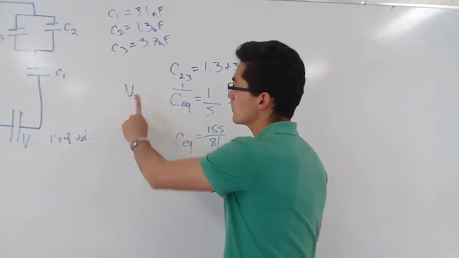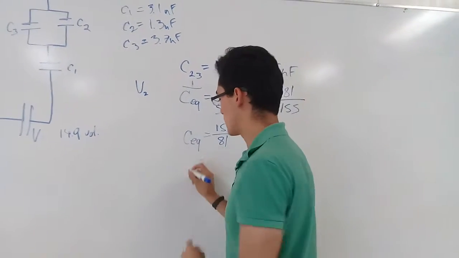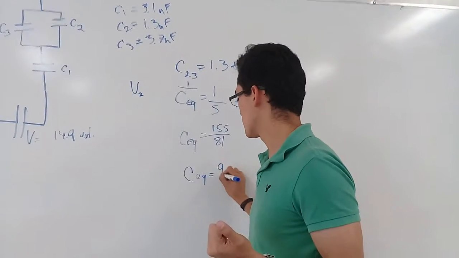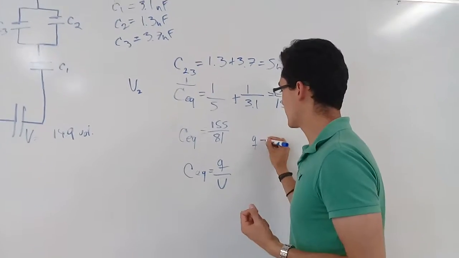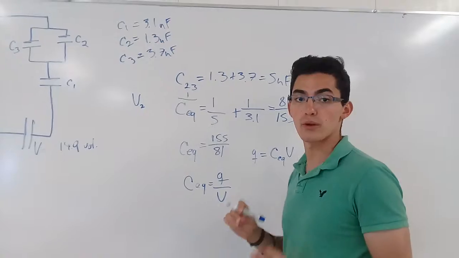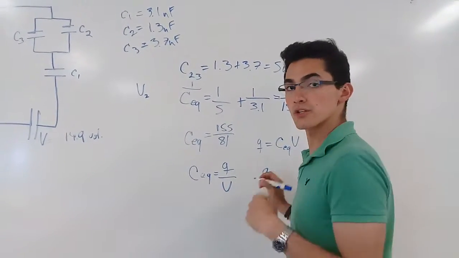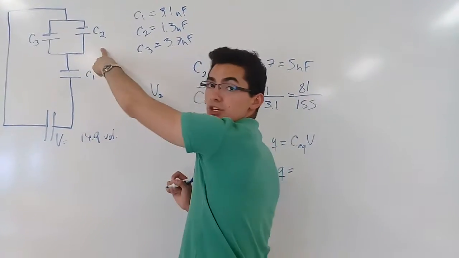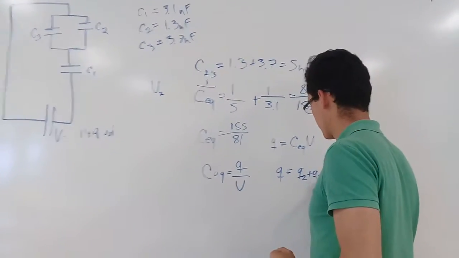So for obtaining our voltage, we have to obtain the relation. The relation is that the capacitor in equilibrium is equal to the charge over the voltage. So the charge will be equal to the capacitor in equilibrium times our voltage. For this part, the charge will be equal to the charge in 2 plus the charge in 3.